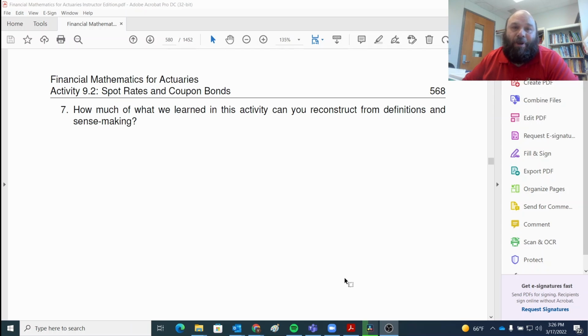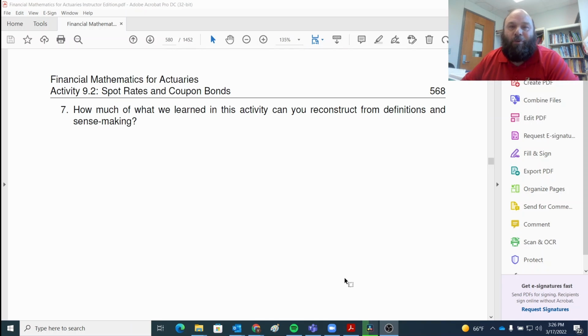And that depends on how you like to think. While I do tend to have a good memory, I don't like memorizing things. I don't trust my memory. So I tend to prefer to use reason when I can and memorize as little as possible. There are some things worth memorizing, but in this case, all of this I could construct from reasoning. Some of you may feel much more comfortable with memorizing, and that's fine too.